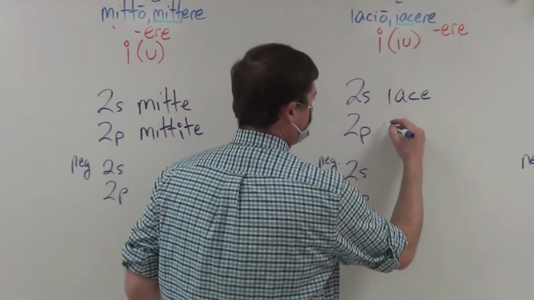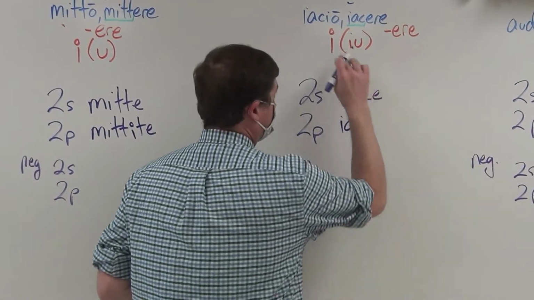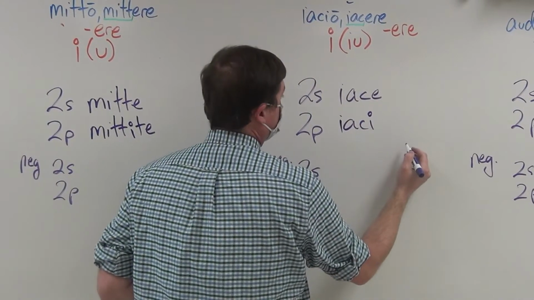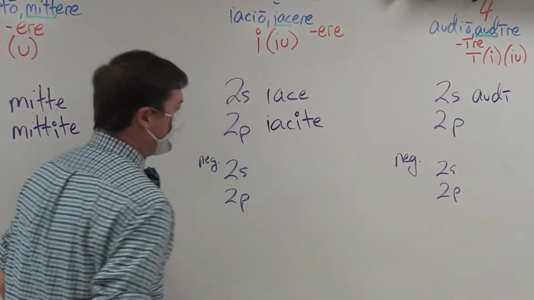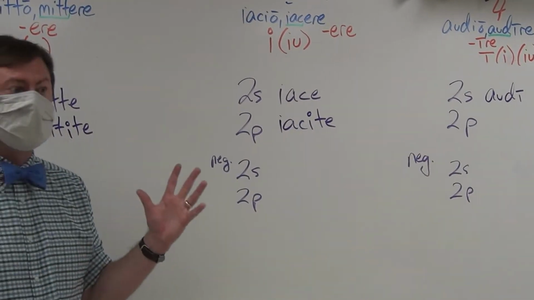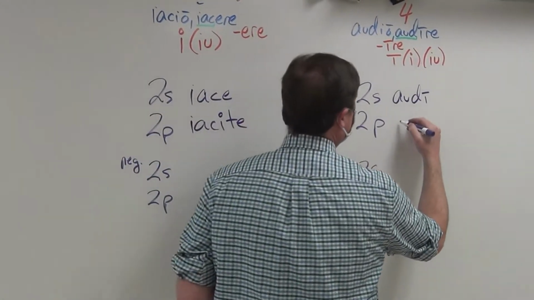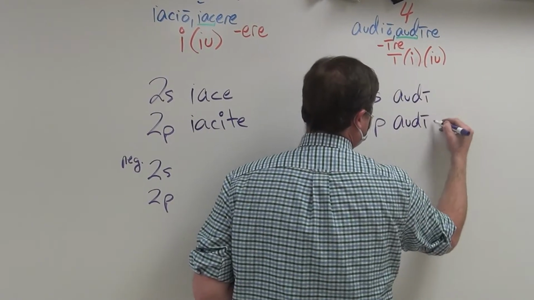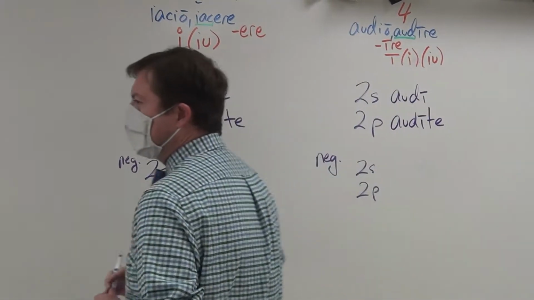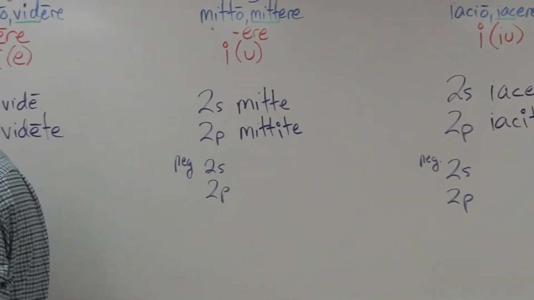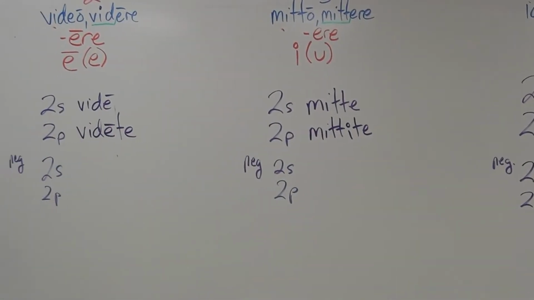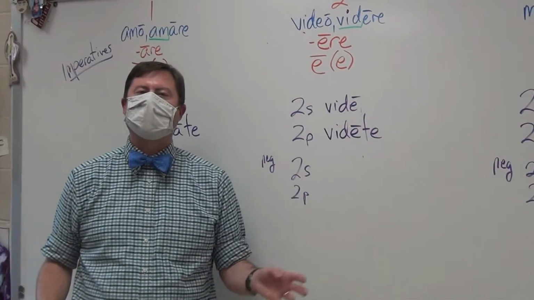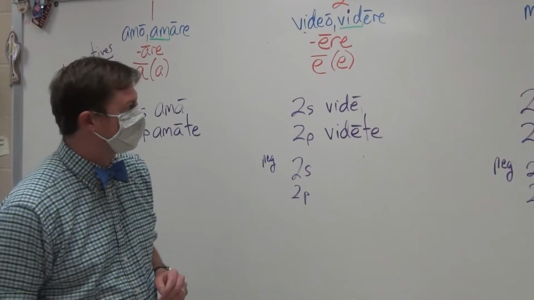Same thing over here. Iac, short I. And then of course, TE. Y'all, throw. And then over here, present stem, your vowel is a long I, and then TE. Audite, as in listen. Your first nut is the pecan, or pecan, P-E-C-A-N.